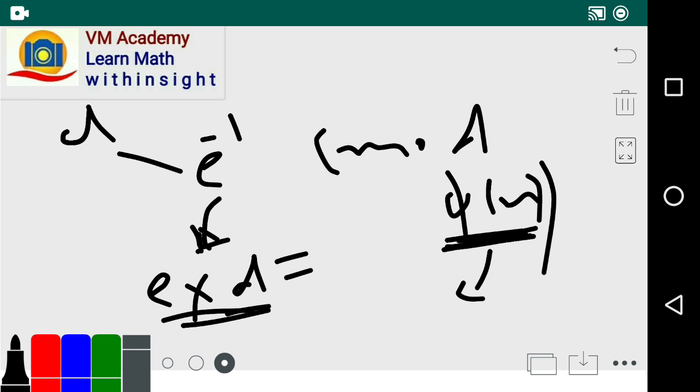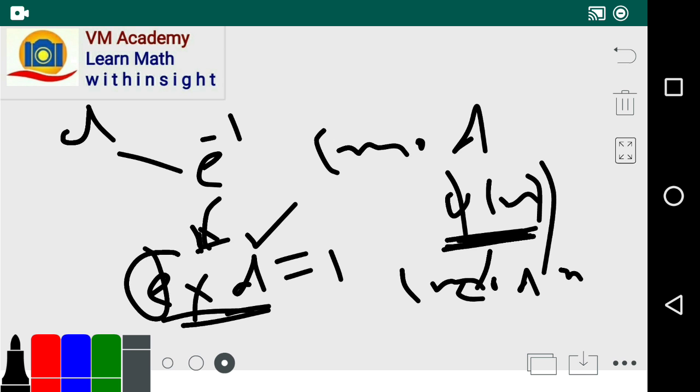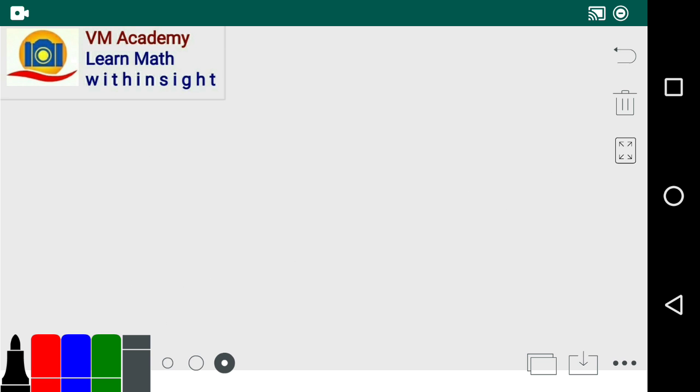So that means ed must be 1 modulo phi n, and the number that satisfies this equation is nothing but the inverse of e. Example, friends, inverse of 3 with respect to modulo 7.